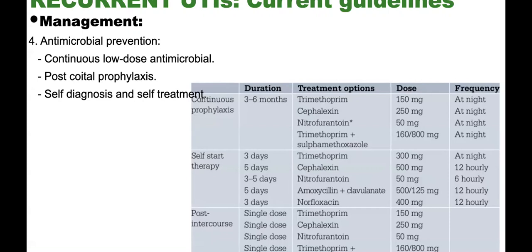So those ladies would have an increased risk of getting post-coital UTI. So it would be recommended to give them the prophylaxis. So this is a single dose antibiotic that you take just after the sexual intercourse.